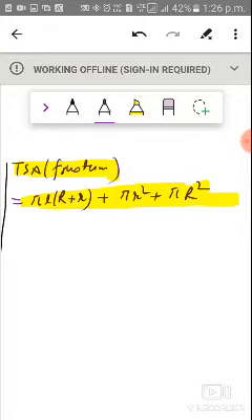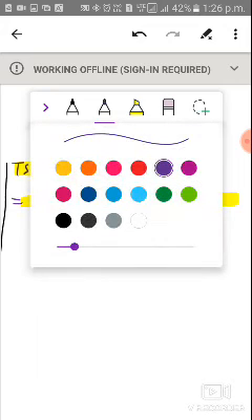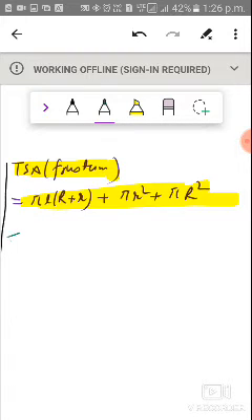Now we will find the volume of a frustum.